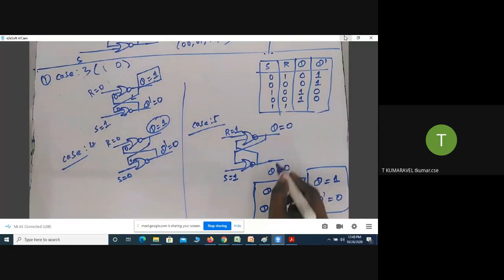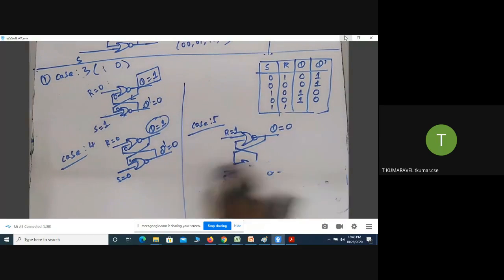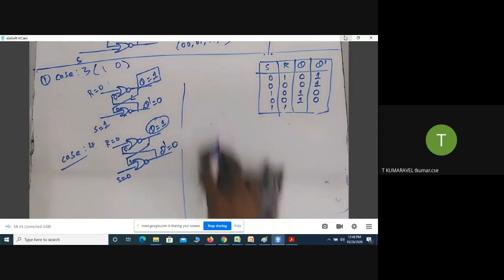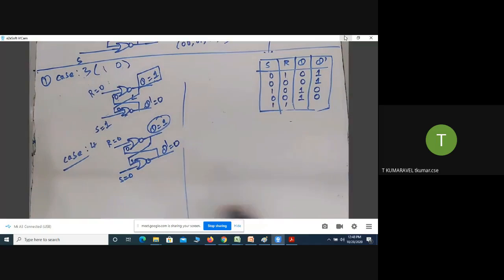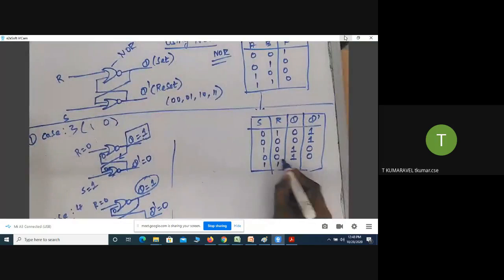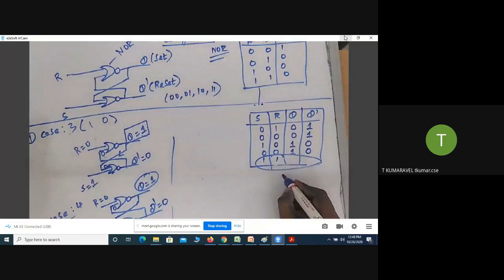Here that condition is not satisfied. That's why that state is called a forbidden state.